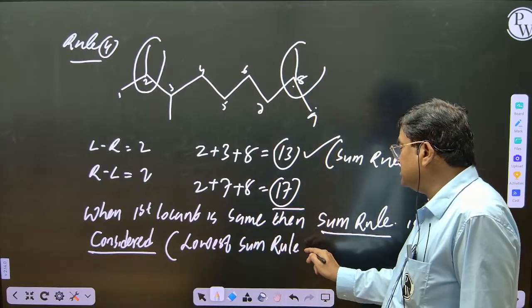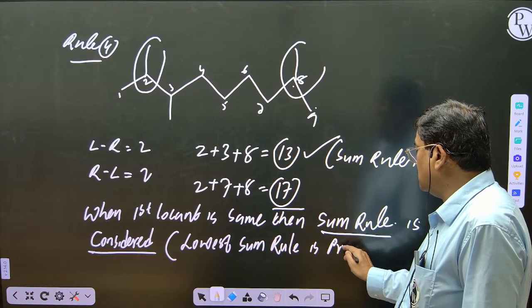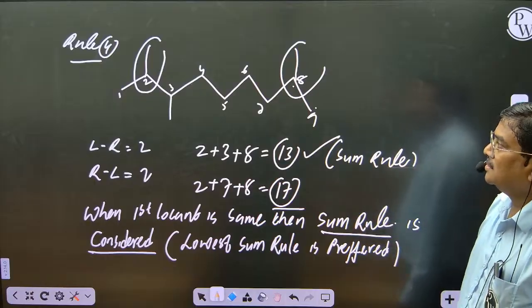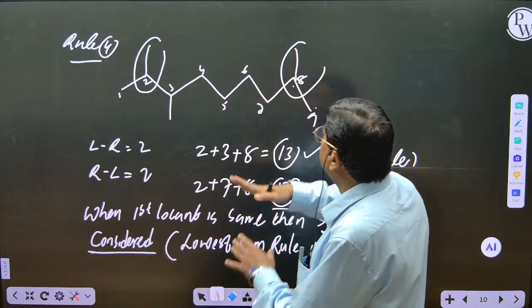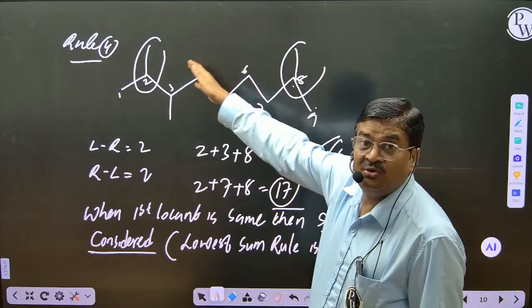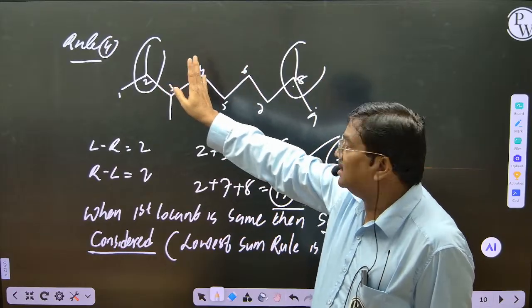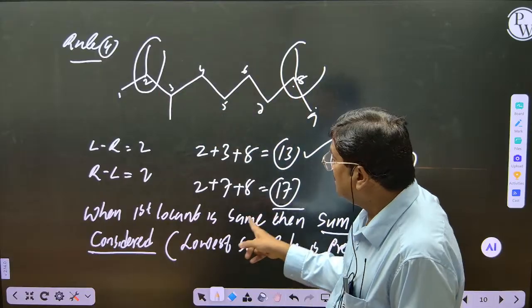Lowest sum rule is preferred. Understood, students? If this 8th position were not there, then no need to see. Directly you can give numbering from left to right. But here, both cases the first locant is coming the same. In that case, you have to apply what? Sum rule.